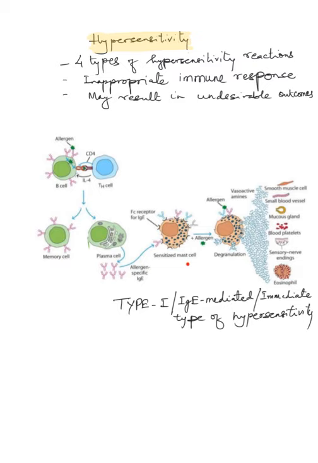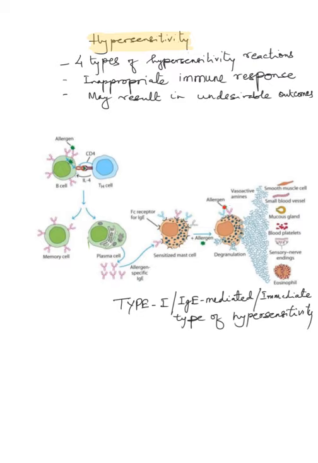Now think of a situation where this individual is second time exposed to the allergen. So now there is an entry of the allergen again, same allergen, and now these cells are already sensitized. So this allergen will go and it will bind with the IgE, which is already bound to the Fc epsilon receptor.